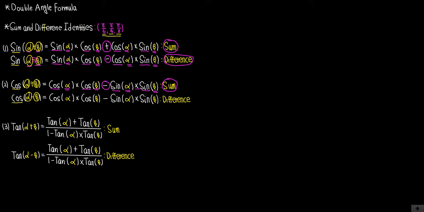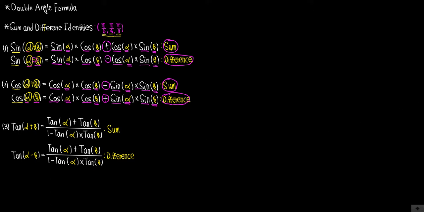And unlike the sine, when it is a difference identity for the cosine, the formula is going to be the cosine of the first angle alpha times the cosine of the second angle, minus, and the minus will turn into plus as it gets the cosine of alpha minus beta in a difference identity, plus the sine of alpha times the sine of beta. And this is the cosine sum and difference identities.